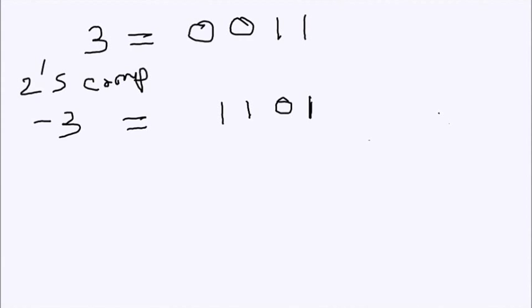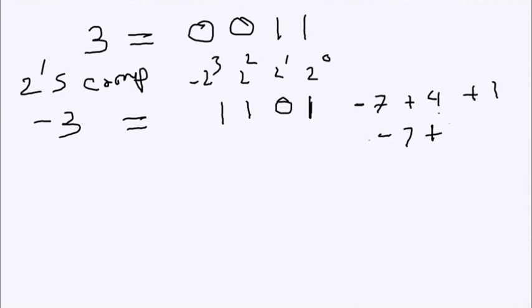Let's check the weights again: 2 to the power 0, 2 to the power 1, 2 to the power 2, minus 2 to the power 3. That gives us 1 plus 4, which is 5, and then minus 8. Yep, minus 8 plus 5 gives minus 3. So this is how we get minus 3.